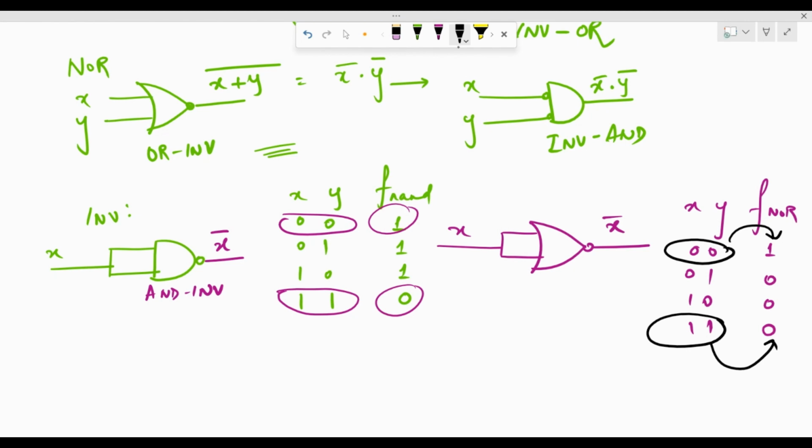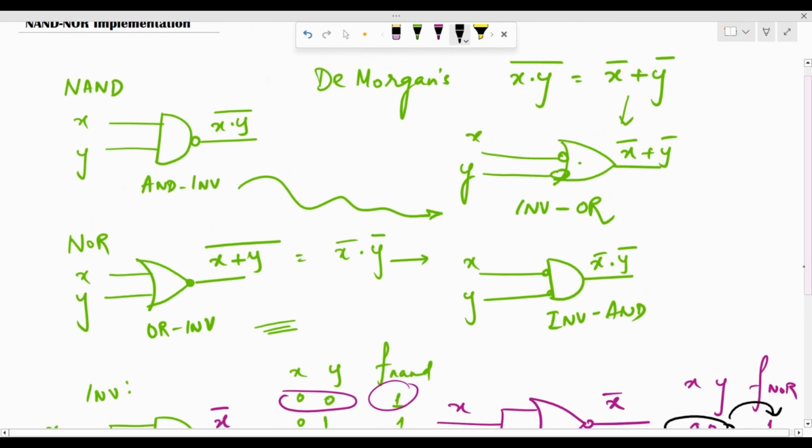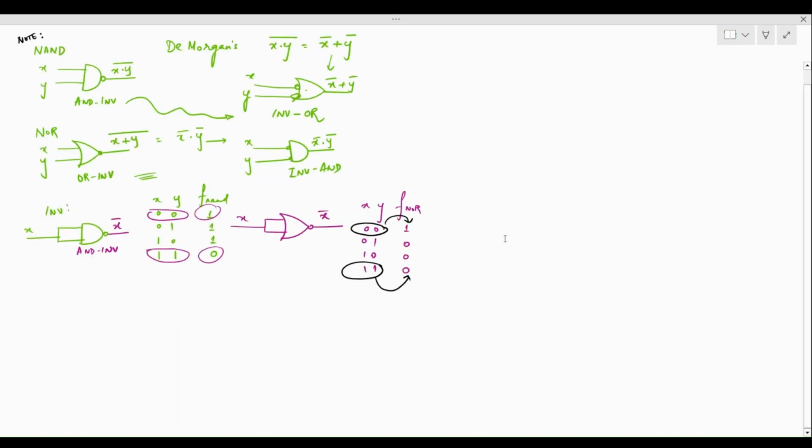Now, having said this, we can use these notes as the basis for implementation of any Boolean function using the NAND and the NOR gates. Let's take up an example and see how this is done.